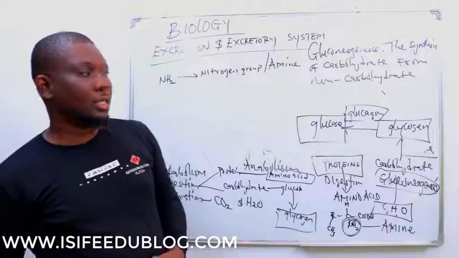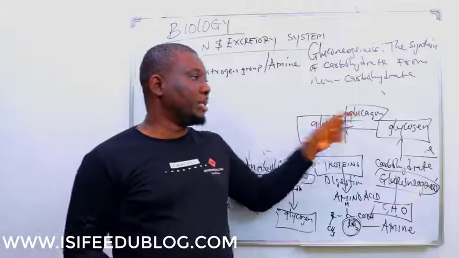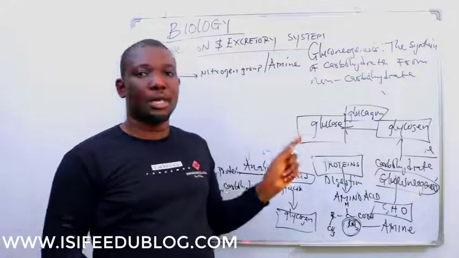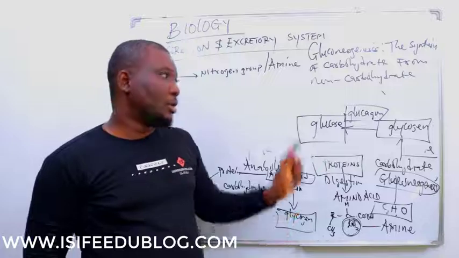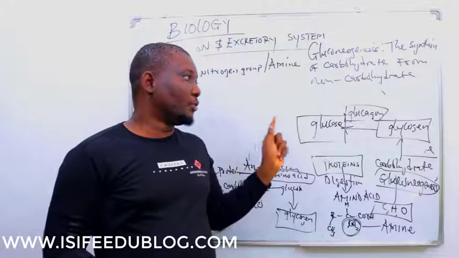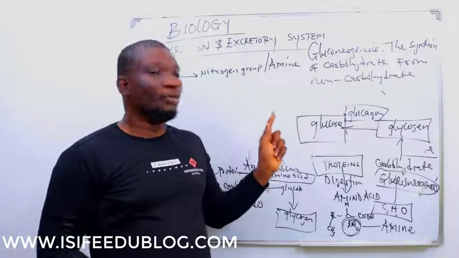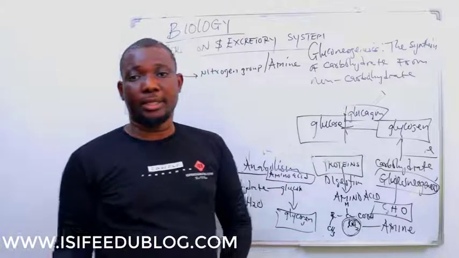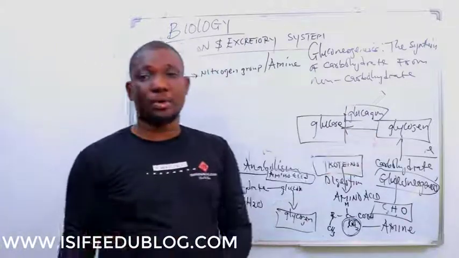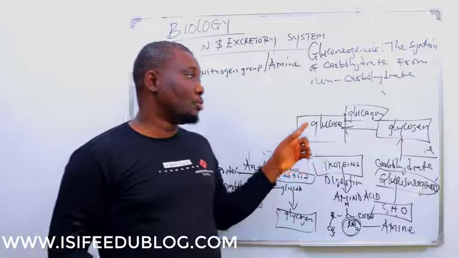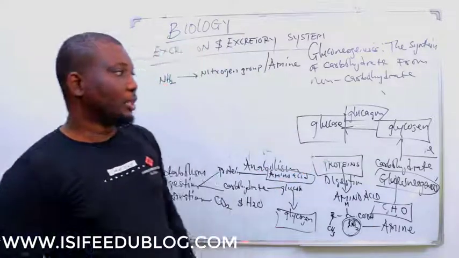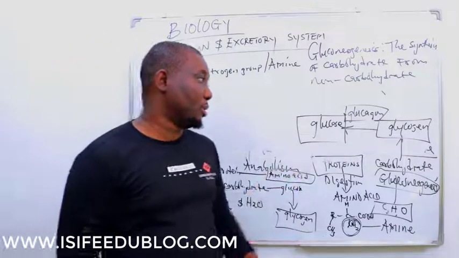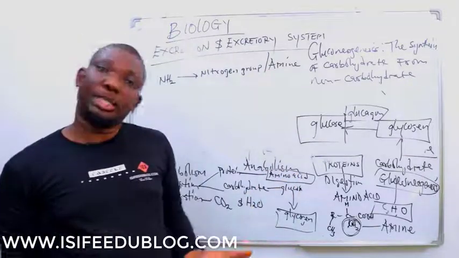It is stimulated each time the blood sugar is low. When the level of sugar in the bloodstream is low, glucagon is triggered to convert storage glycogen to glucose.